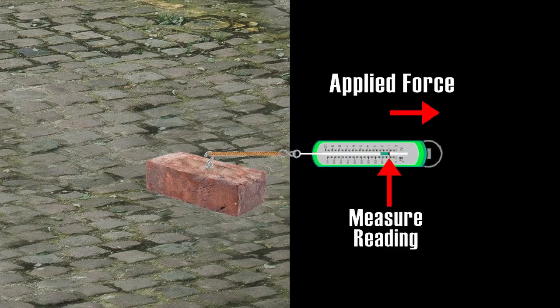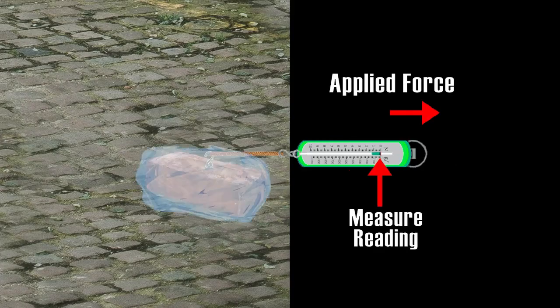Mark the reading. Now, when you wrap a piece of polythene around the brick, we can see the measurement of spring balance is less than in the first case. This is due to the smoothness of the plastic surface, which reduces the interlocking between the brick and the floor.